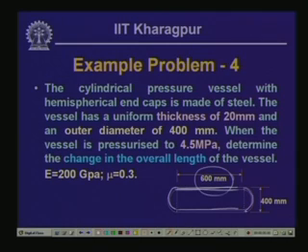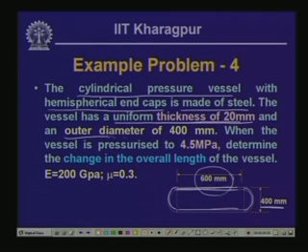The two ends are hemispherical, having a diameter of 400 millimeter, which is the external diameter. The cylindrical pressure vessel with hemispherical end caps is made of steel. The vessel has a uniform thickness of 20 millimeter and an outer diameter of 400 millimeter.